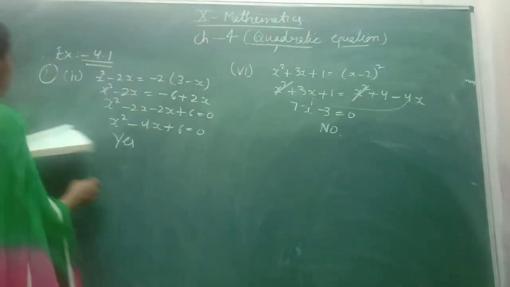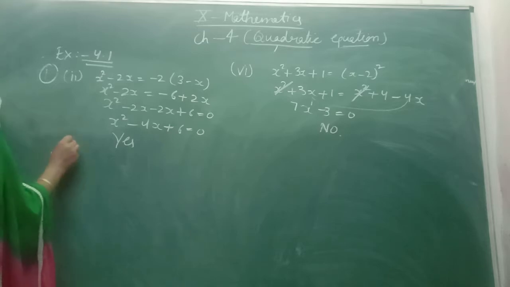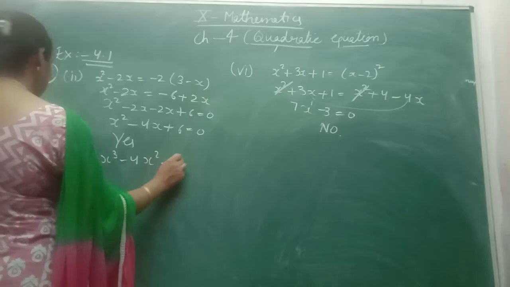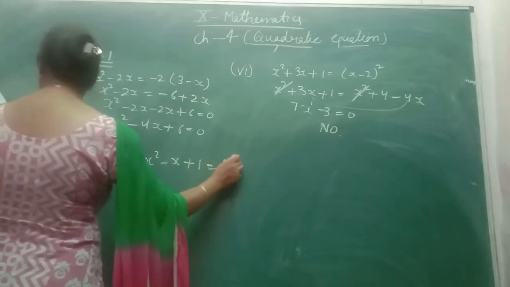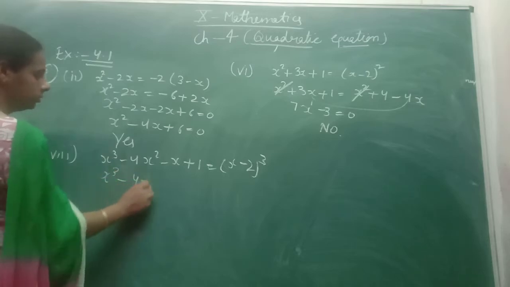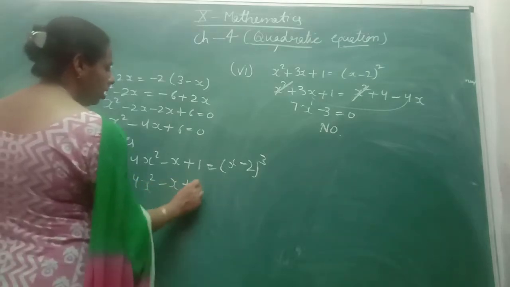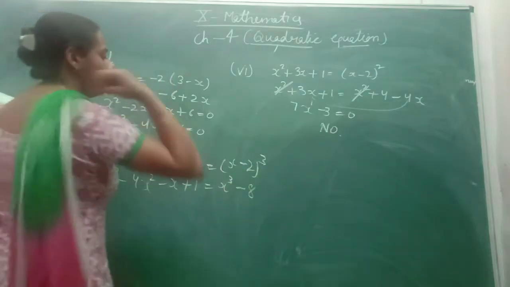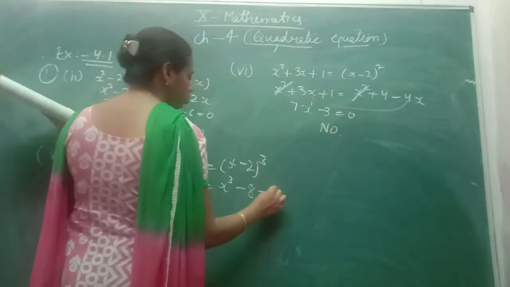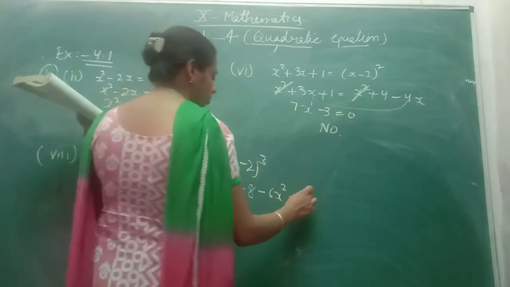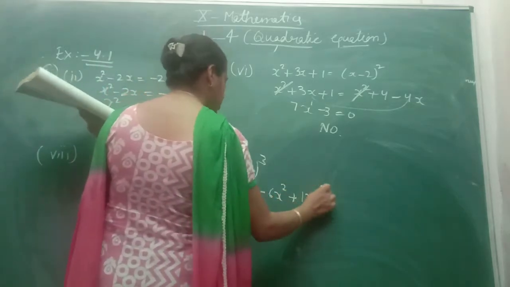Okay. I am taking the last part of it. There is x cube minus 4x square minus x plus 1 is equal to (x minus 2) whole cube. On applying the formula of whole cube, you will have a cube minus b cube minus 3a square b plus 3ab square, 12x square.